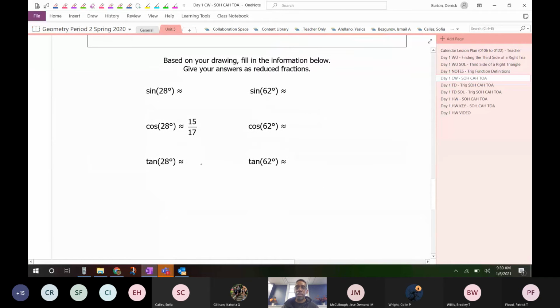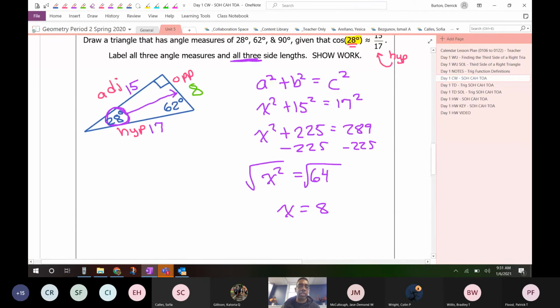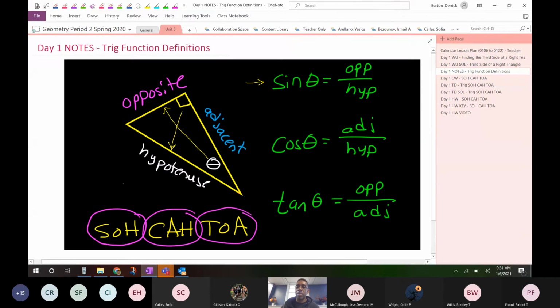All right, now, based on your drawing, fill in the information below, reduced fractions. Okay, so we already have the 28 circled, so let's definitely start with that. The sine of 28. Sine is opposite over hypotenuse.